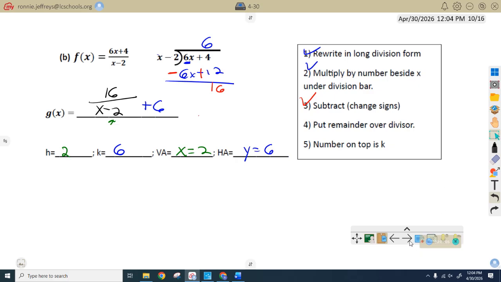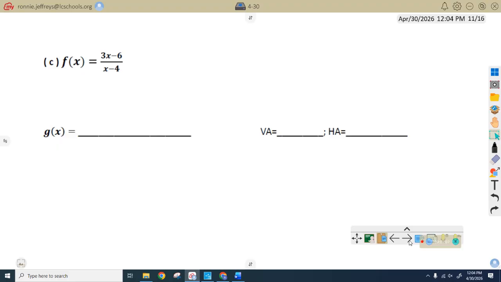Okay. All right. Now, this time we don't have all the steps set up. Let's see what we remember. So we're going to take what's on the bottom and it goes right here. What's on top goes inside. 3 will go on top, and x.